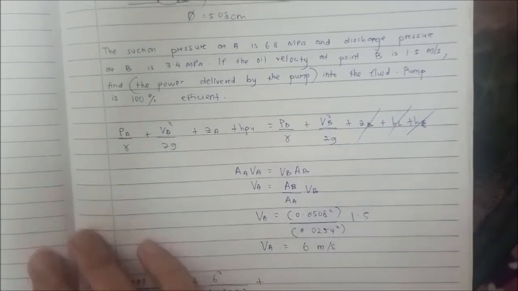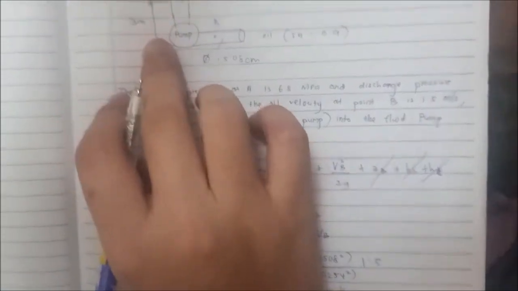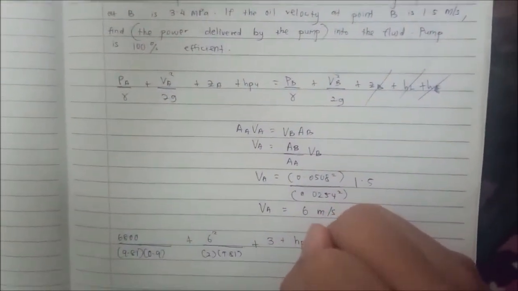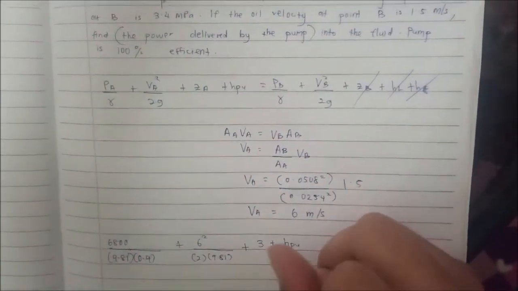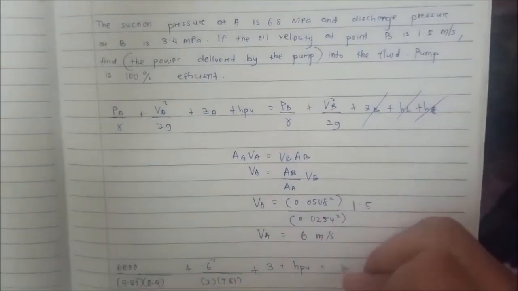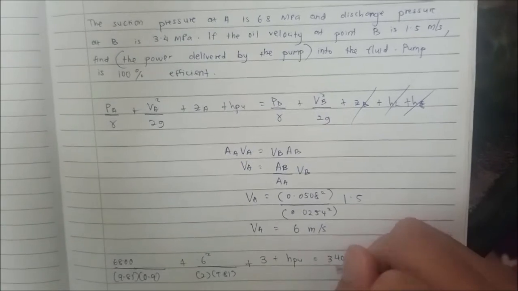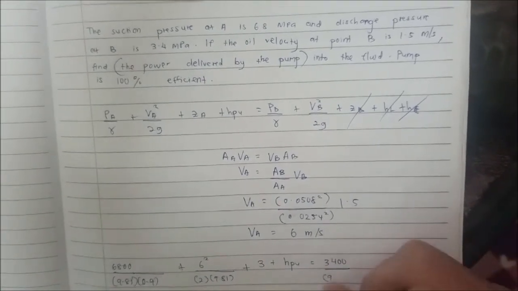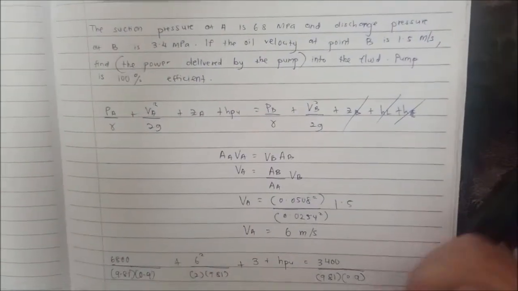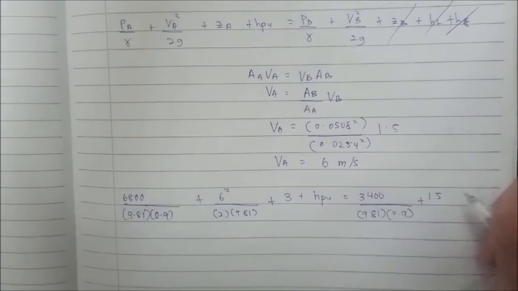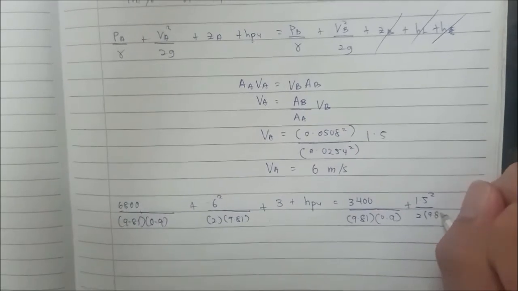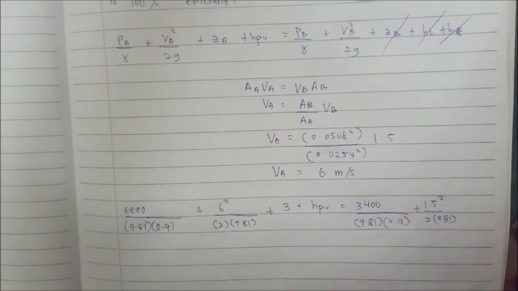So we have the ZA here, which is 3 meter, plus HPU, which we will find. So the pressure at B is 3.4 MPa. We have to change to kPa, and it will become 3,400 kPa, and divide by 9.81 times 0.9 plus 1.5, which is the velocity of B, squared divided by 2 times 9.81, and that's the equation.